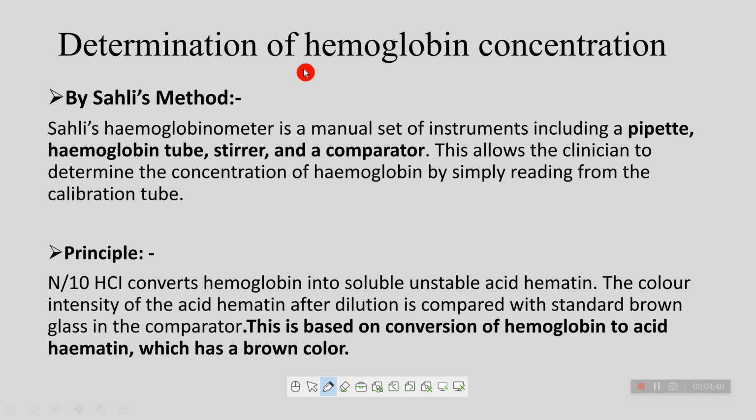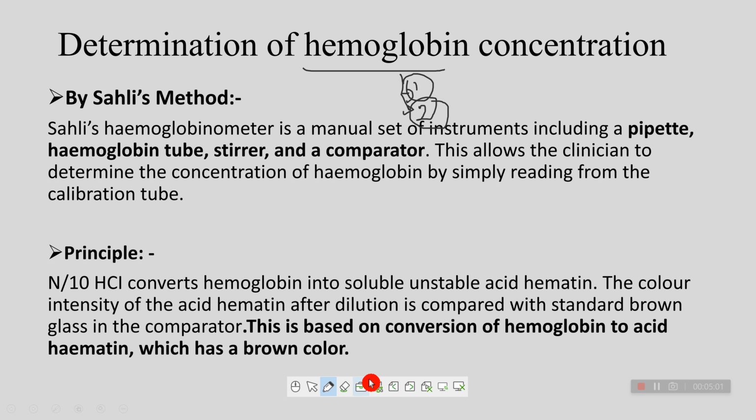Hemoglobin is determined in the blood by two main methods. Although there are four main methods, in today's video we will discuss the two that are commonly performed in the laboratory. The other two are not commonly performed.